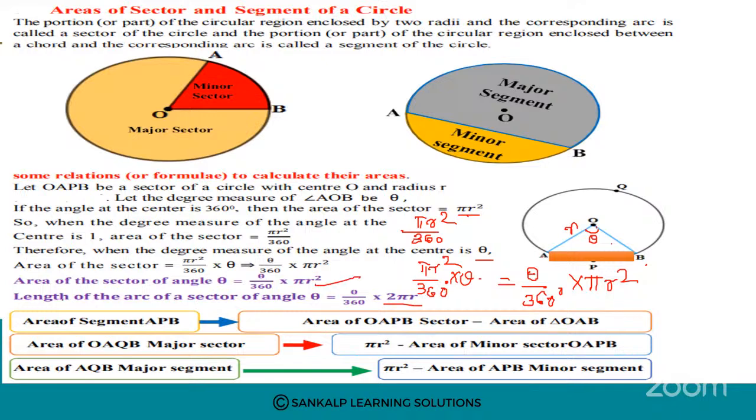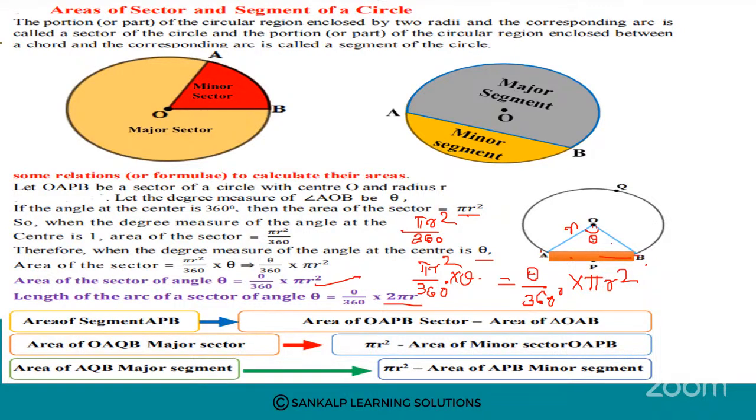Next, area of the segment APB. The area of this segment can be calculated by the area of sector OAPB minus the area of triangle OAB. Then you will get this area.